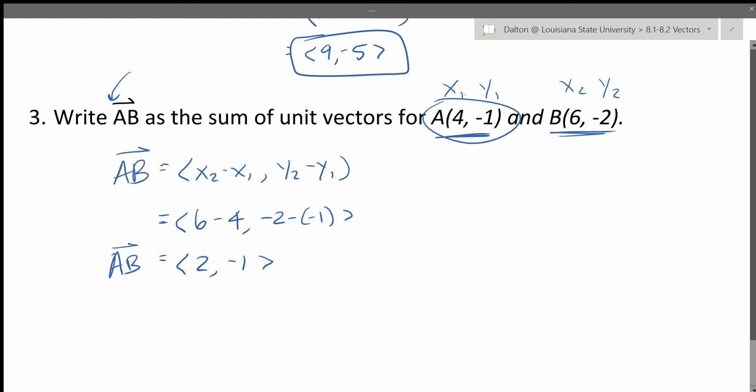The question is, write this as a sum of the unit vectors. So if you recall, the unit vector in the X direction is i, and the unit vector in the Y direction is j.